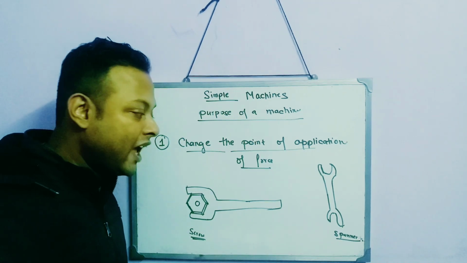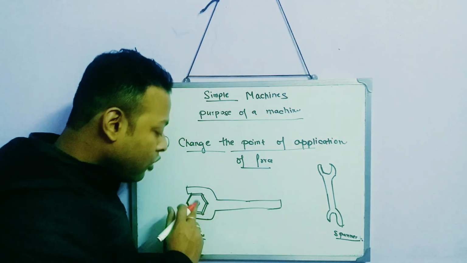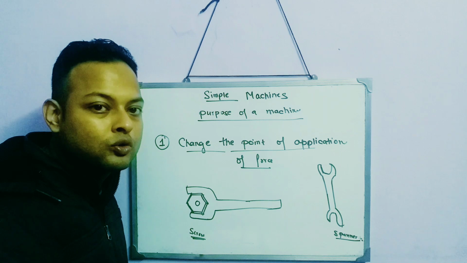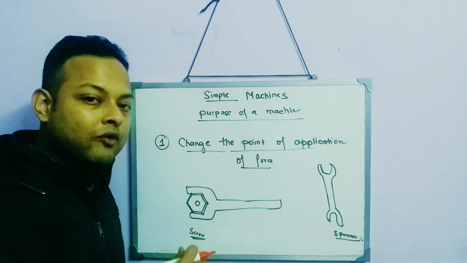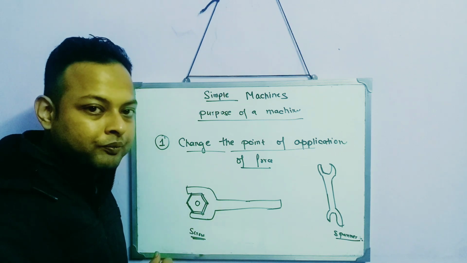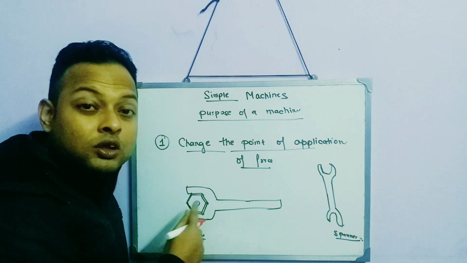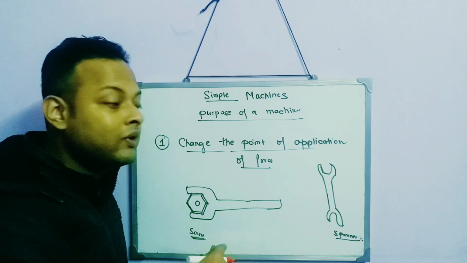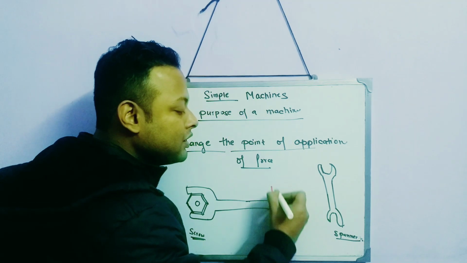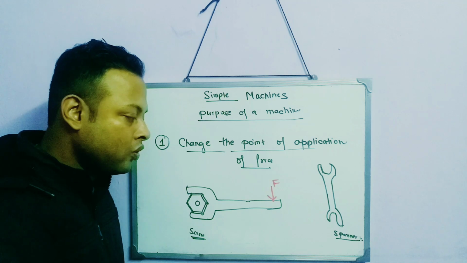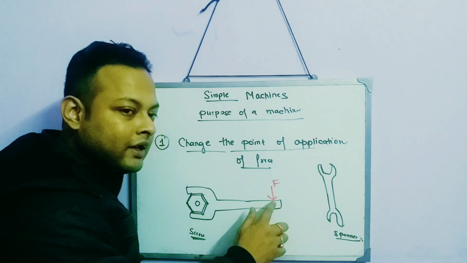So now we are applying the force not on the screw. Obviously we need to tighten the screw. For that we have to apply the force on the screw, but we will not apply the force on the screw directly. Rather we will apply the force on the spanner. So if we apply the force over here, what will happen?